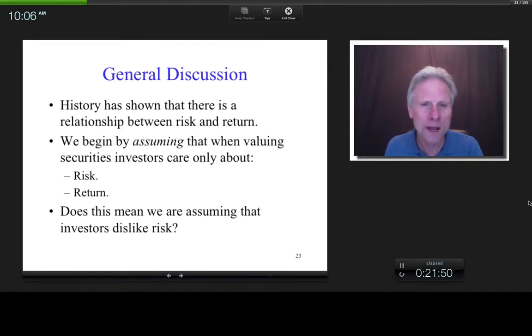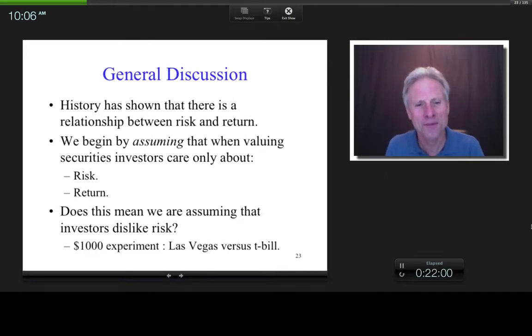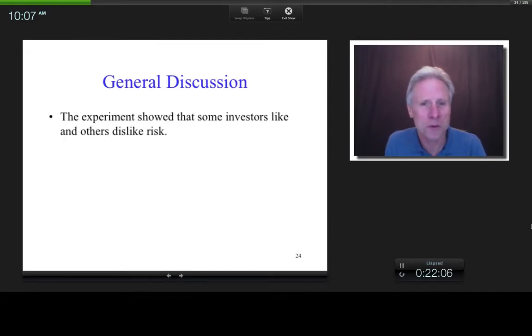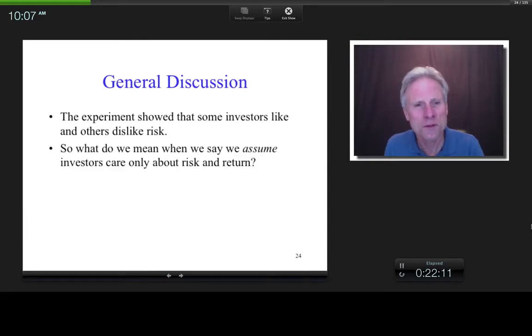So when we talk about assuming that, when it comes to financial securities, investors care only about risk and return, we are not assuming that investors like or dislike risk, because we know that some investors like risk and others dislike it. So what do we mean when we say we assume that investors care only about risk and return when it comes to financial securities?